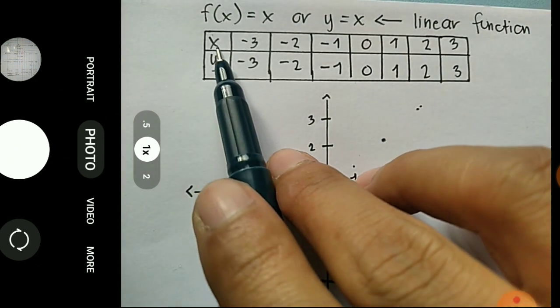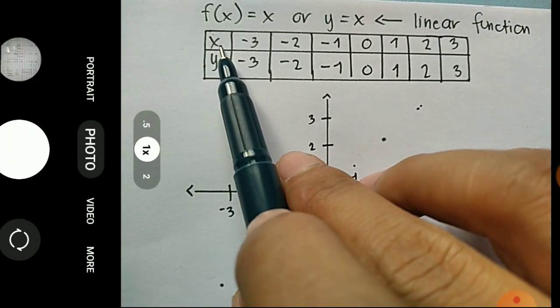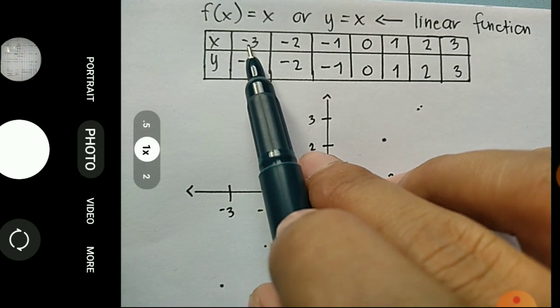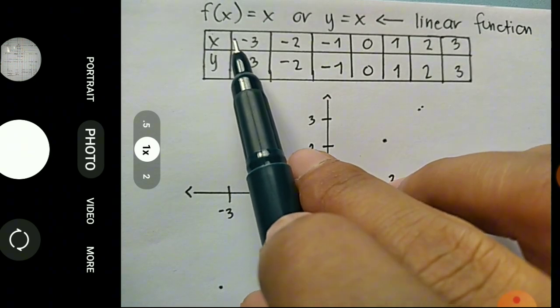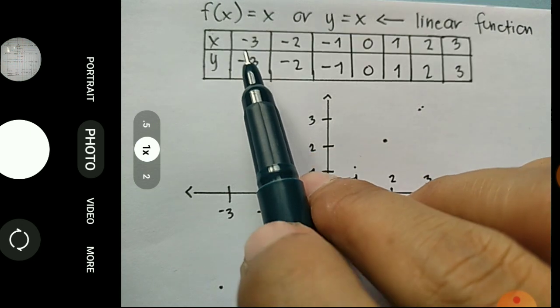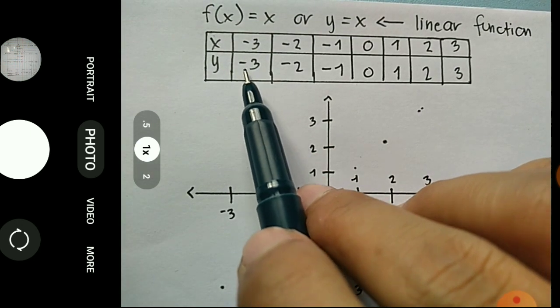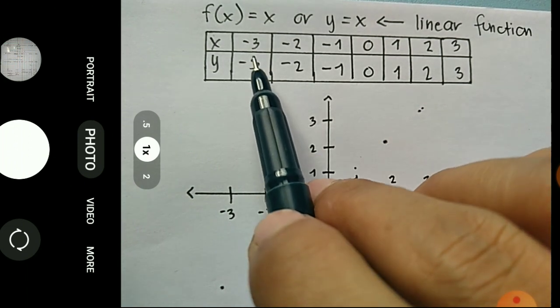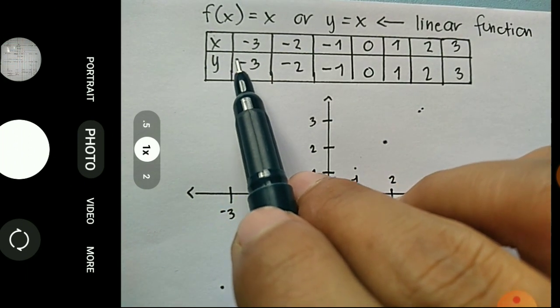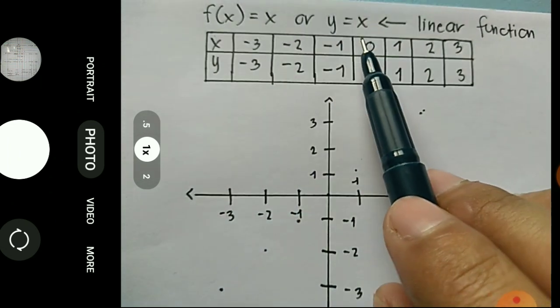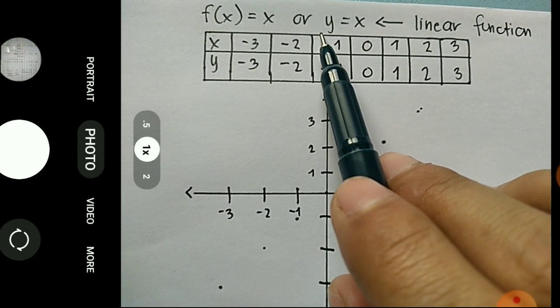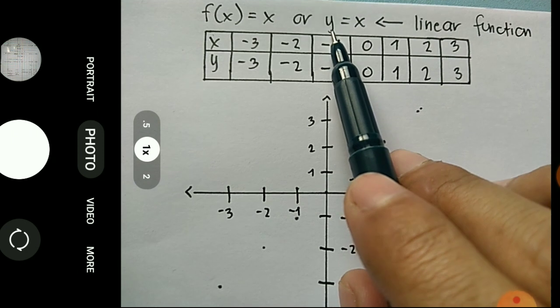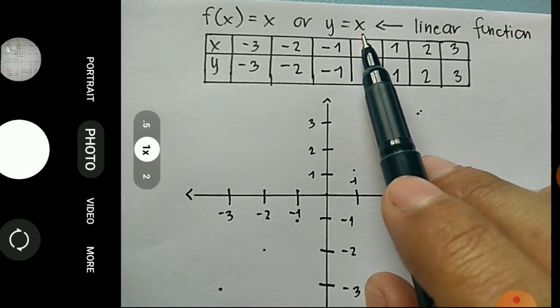For example, if our x is equal to negative 3, our y is also negative 3. The reason x and y are the same is that our equation is y is equal to x.